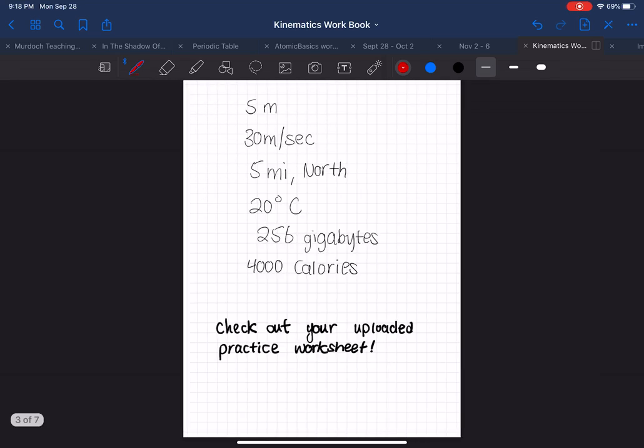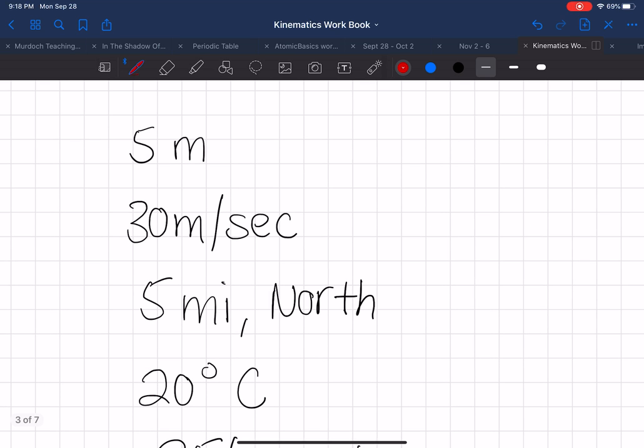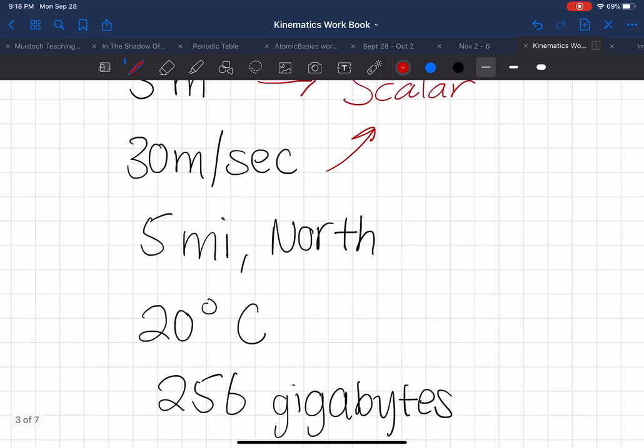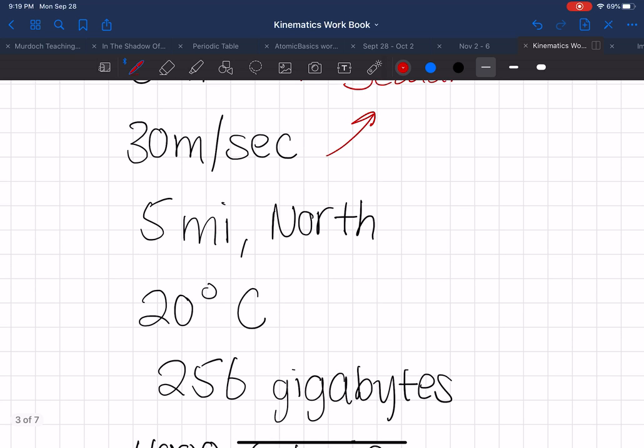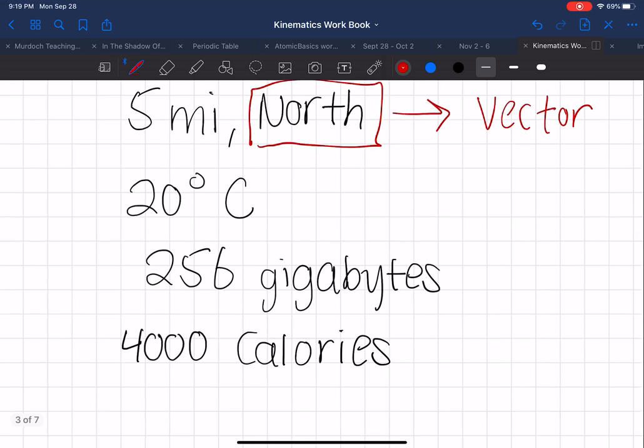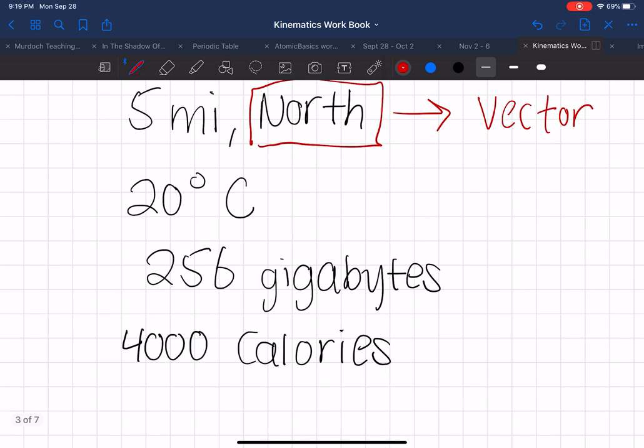So let's identify some of these together. 5 meters. This is a scalar quantity because it's a numeric value. And same with 30 meters per second, also a scalar quantity. 5 miles north is a vector quantity because of the direction given. 20 degrees Celsius is temperature.